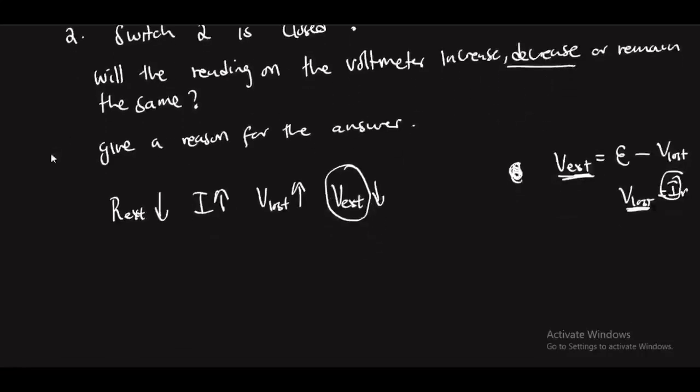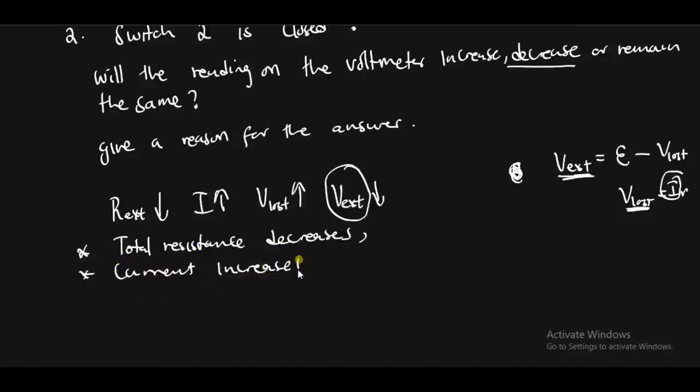Now, giving the reason for the answer, we write it like this: total resistance decreases, and then the current increases. That's the total current.